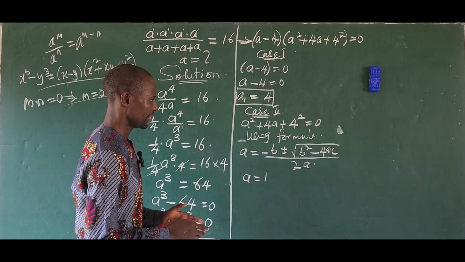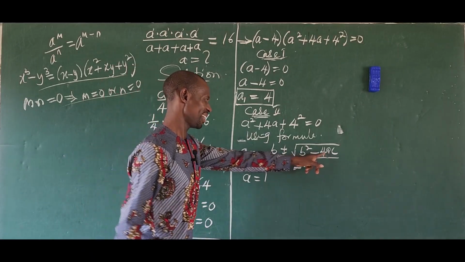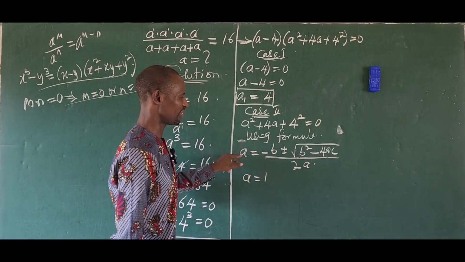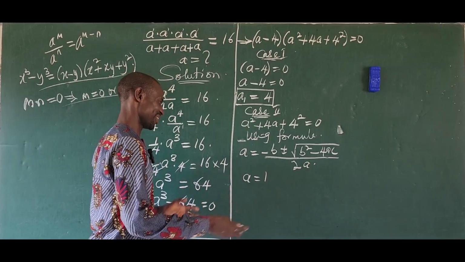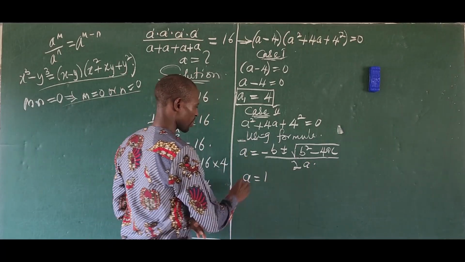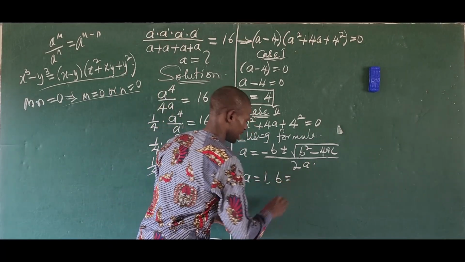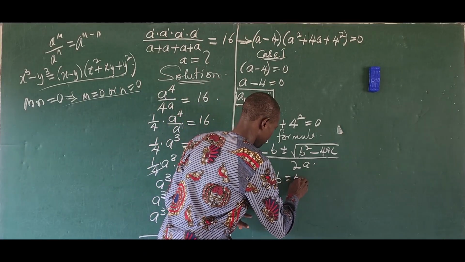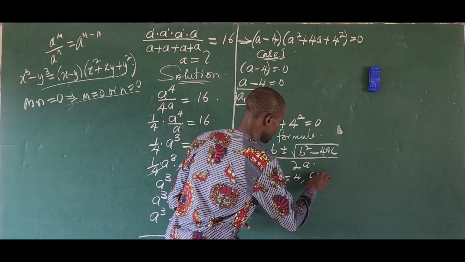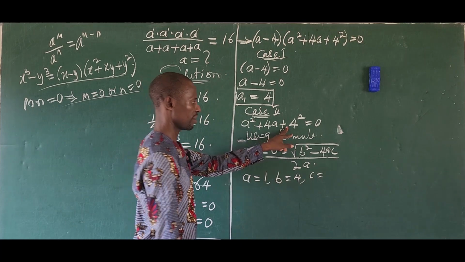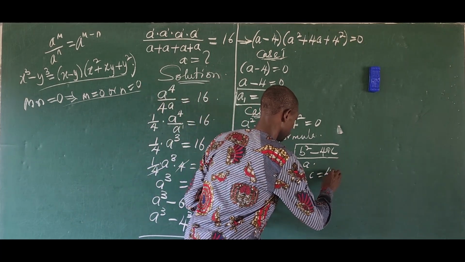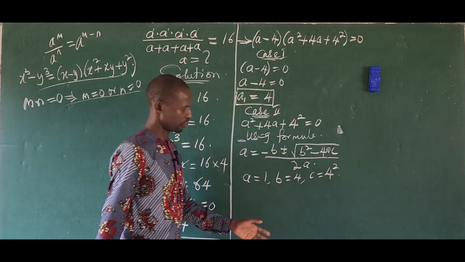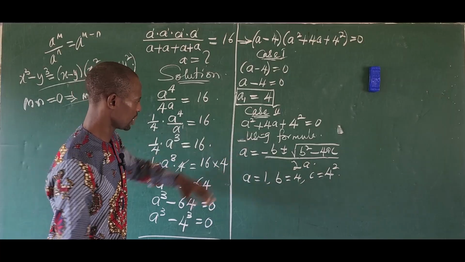Again, this A is different from this very A here, so don't be confused with this. Our B is equal to the coefficient of just A, so we have here 4, and our C is the constant term, which is 4 to the power of 2. So we want to input this into the formula.